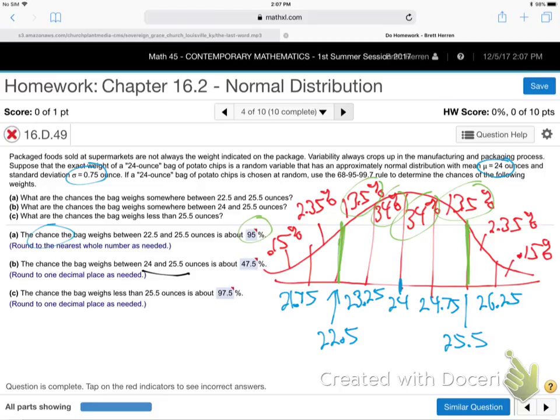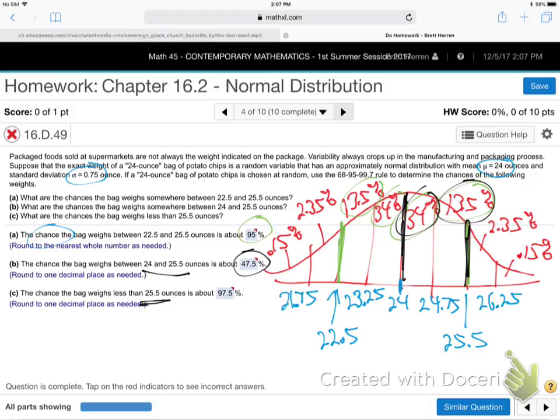Part B. So 24 and 25.5. Here's 24, here's 25.5. So it'd be 34 and 13.5. Just add those up. You get 47.5. This making sense? Am I going too quick? This good? And then part C.